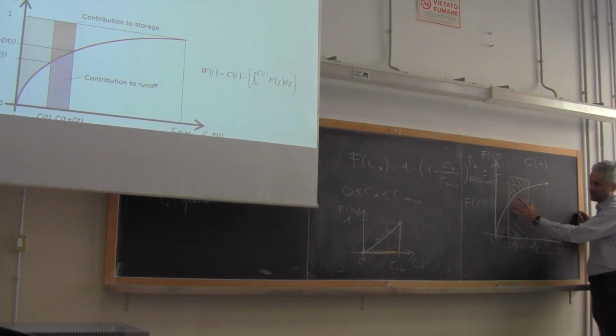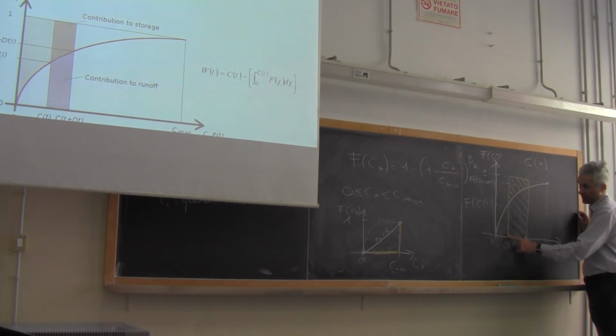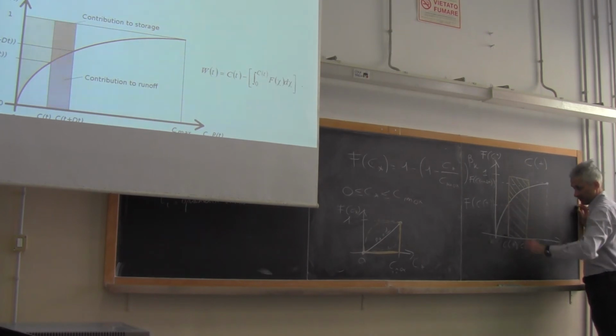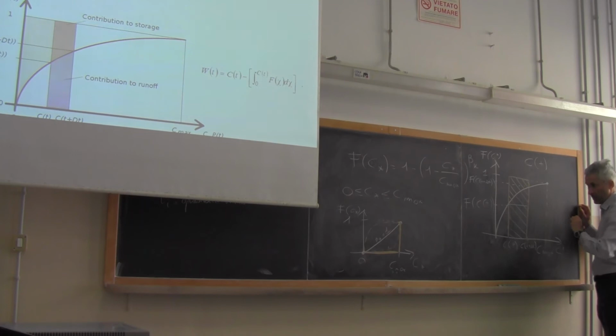Let's suppose that this delta t is very small. You can obtain this area by multiplying rainfall from time t to time t plus delta t by Fct, which is here. Of course, you may say you are missing this part, but again, let's suppose that the interval is very small, so this part that we are missing is very reduced.